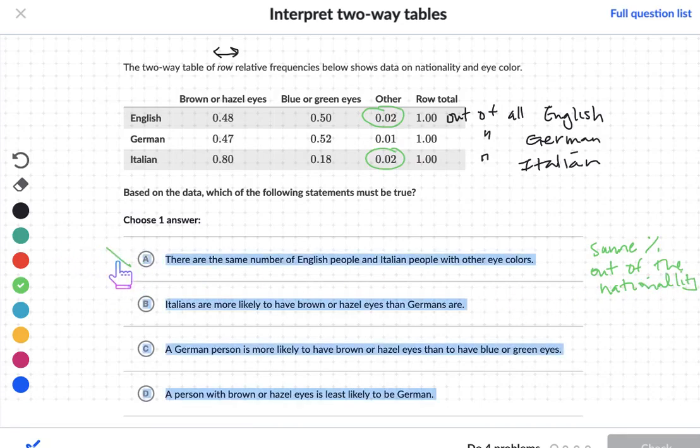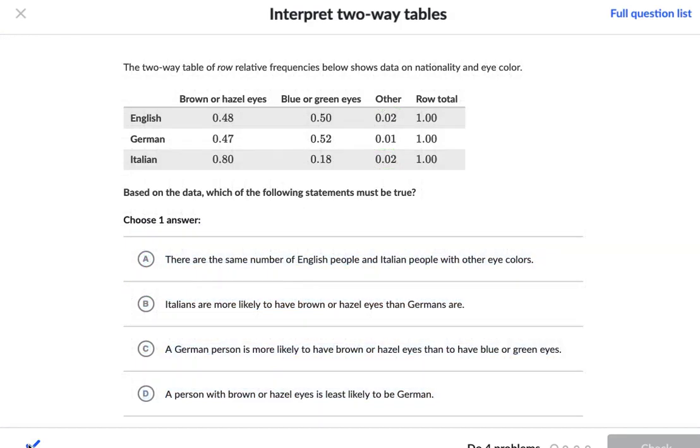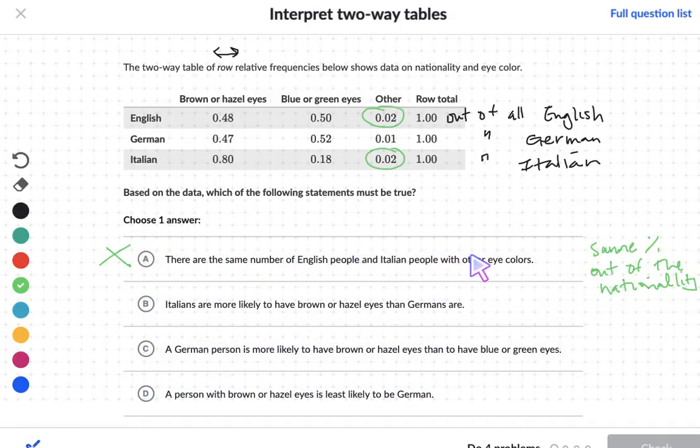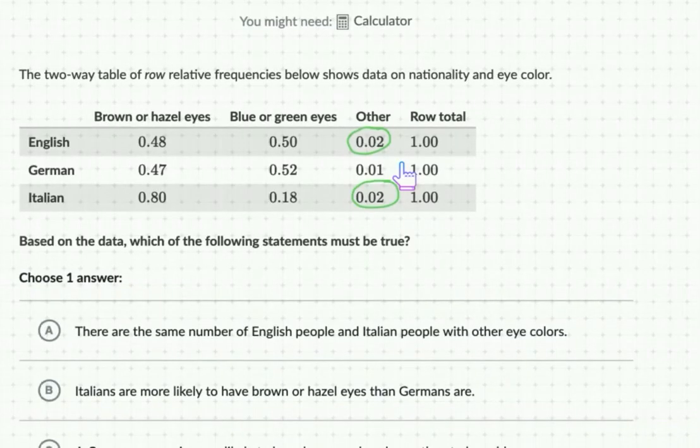However, we cannot say that it's the same number of people. So this is 2%, right? If they both have 2%, that means something very different in both cases. Remember that this is the row total for the English. This is the row total for Italian.